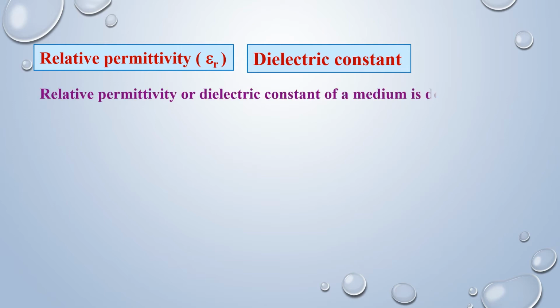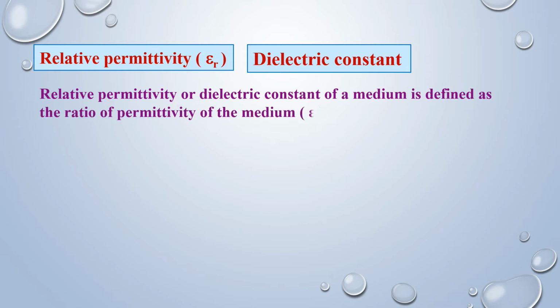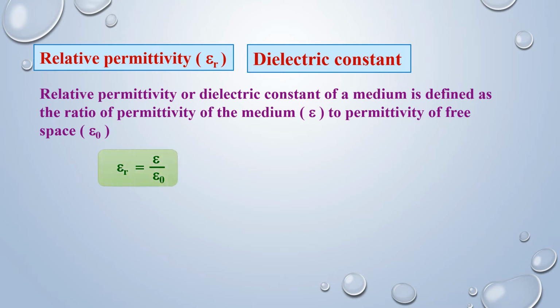To define relative permittivity or dielectric constant of a medium, we say it is the ratio of the permittivity of the medium to the permittivity of free space. So relative permittivity can also be expressed as epsilon upon epsilon naught, where epsilon is permittivity of the given medium and epsilon naught is permittivity of free space.